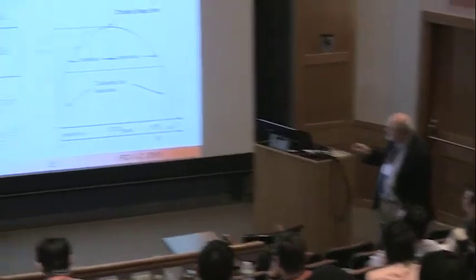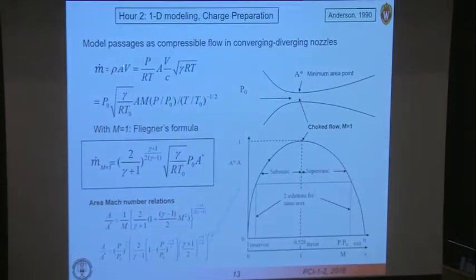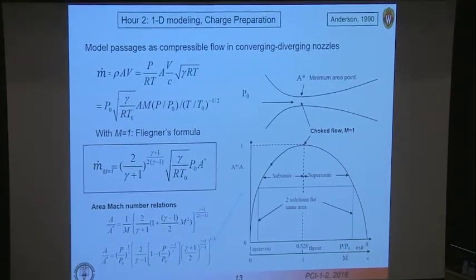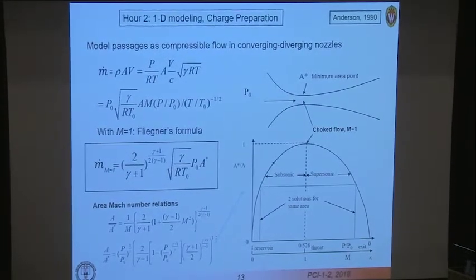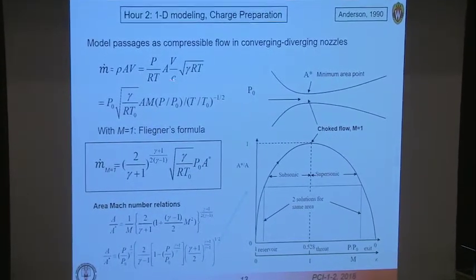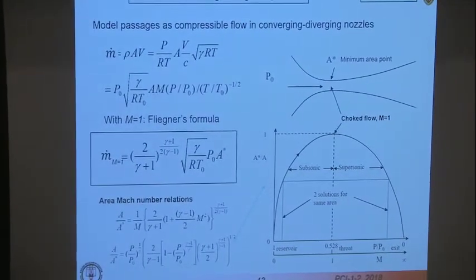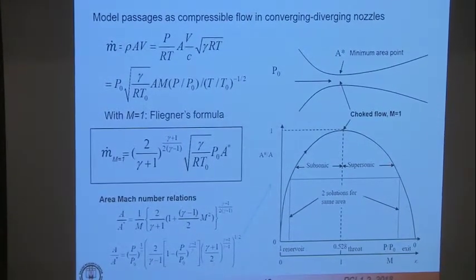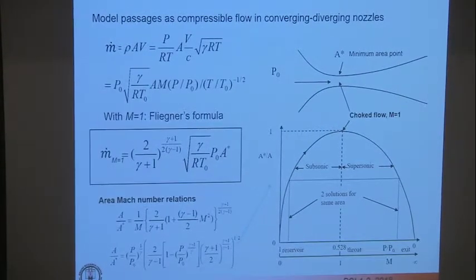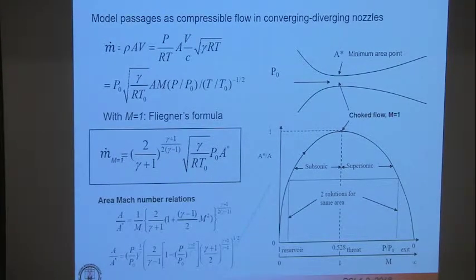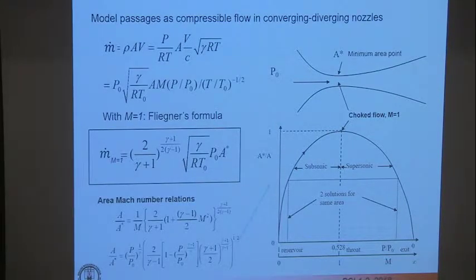It's derived simply by looking at the mass flow rate, which is rho times area times velocity, and introducing the Mach number by dividing by the speed of sound, which is the square root of gamma RT. Then you rearrange it, putting in those equations on the previous slide for the pressure divided by the stagnation pressure and temperature divided by stagnation temperature, and then setting M equals 1. And here you have the formula.